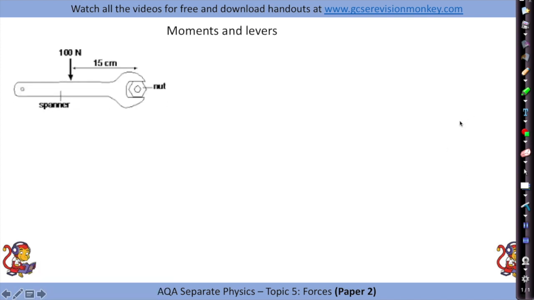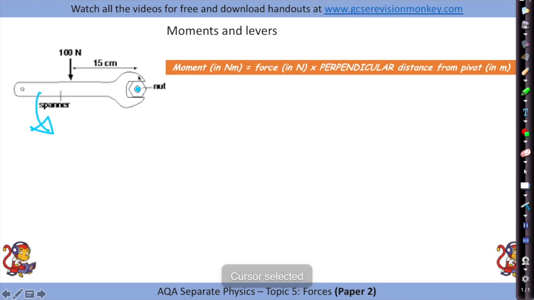Okay, moments and levers then. So a moment is like a turning force. So let's say we've got a spanner with a nut there. It's going to pivot, it's going to turn around the centre of the nut there. So your spanner would turn around that way, and we have a moment due to the force that's being applied, so 100 newtons in this case, times the perpendicular distance.